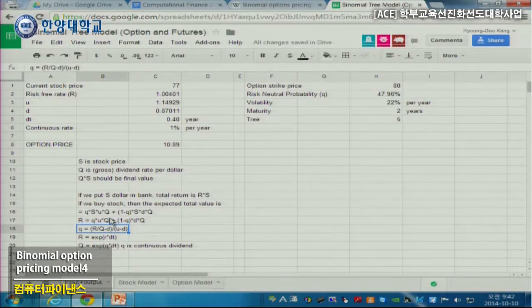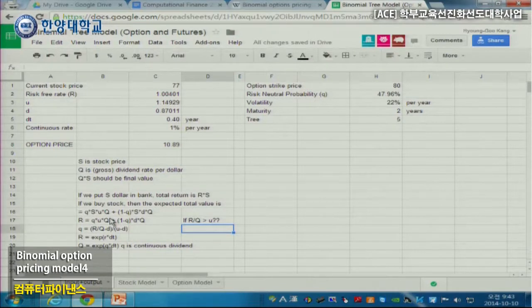So if R divided by Q is greater than U, U is the best case scenario.